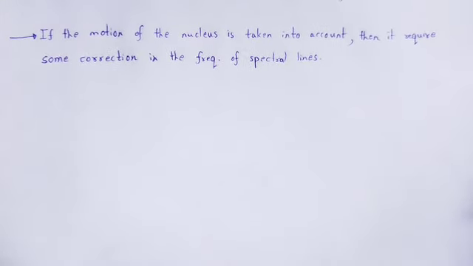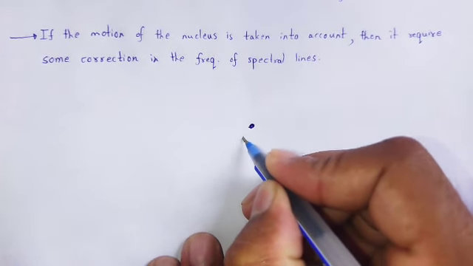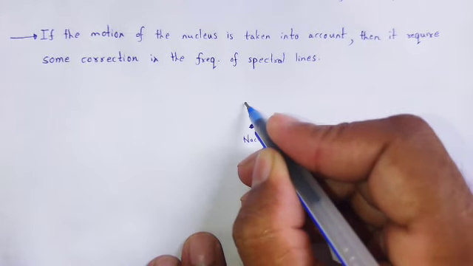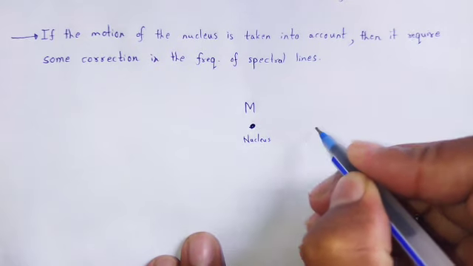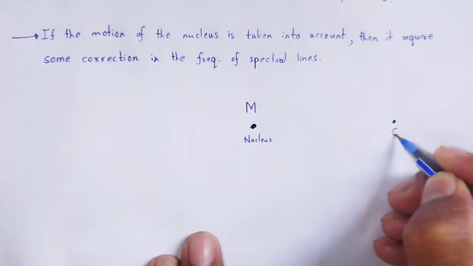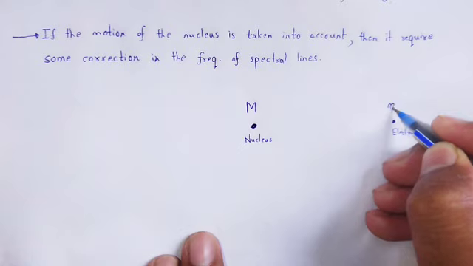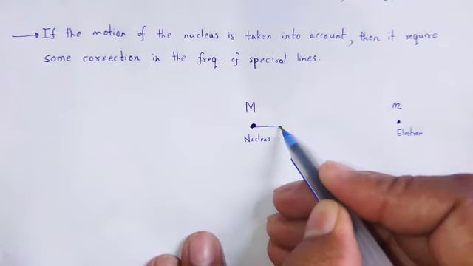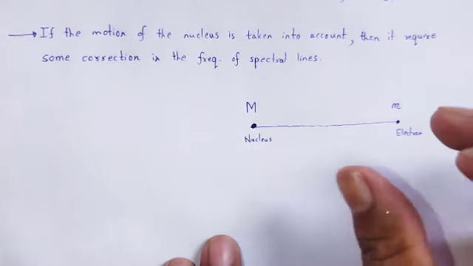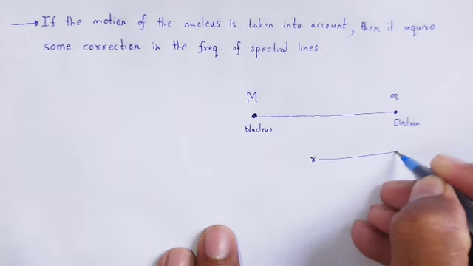Let us consider the nucleus, mass of the nucleus capital M, and the electron, mass of the electron small m. And the separation between these two is r.